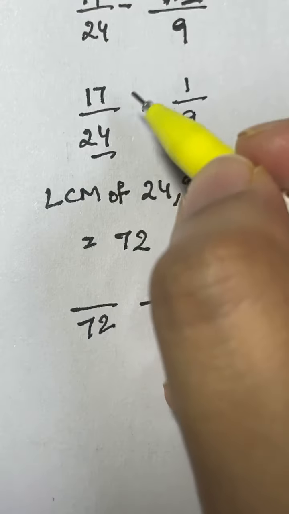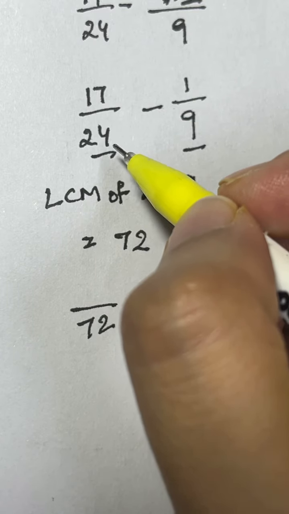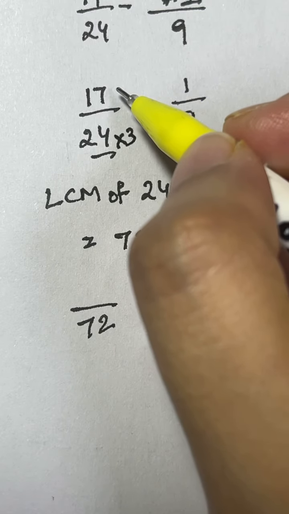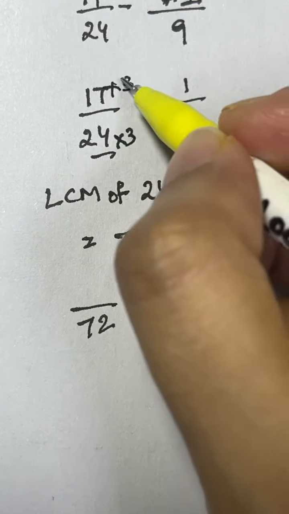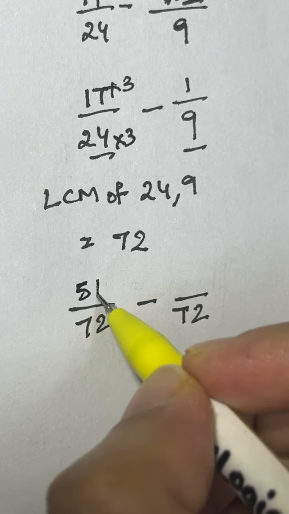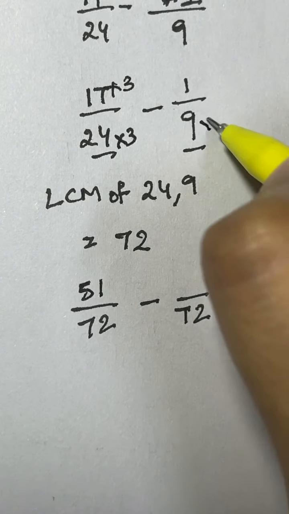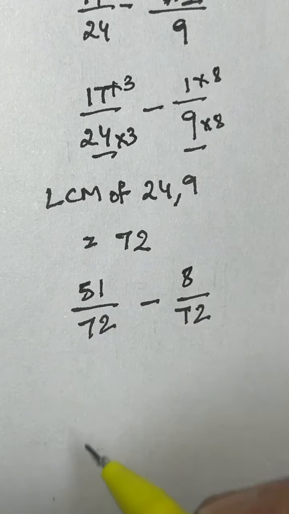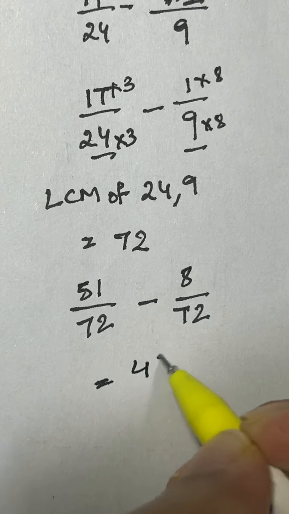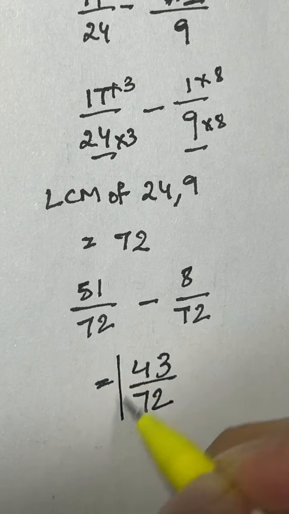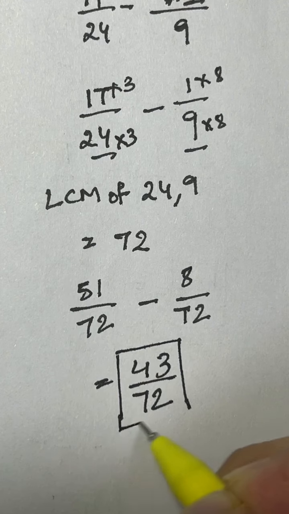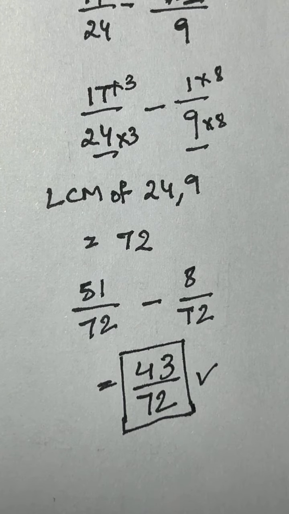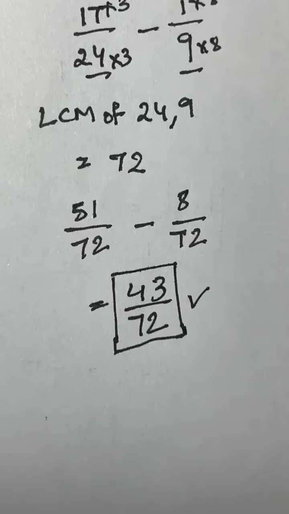Now 24 times what gives you 72? 24 times 3 gives you 72. So what is 17 times 3? Same thing, you have to multiply, that's 51. Minus, 9 times 8 gives you 72, so 1 times 8. So you have 51 minus 8, that's equal to 43 over 72. Done. That's your answer. So this is how you have solved the first question using two methods, two ways.